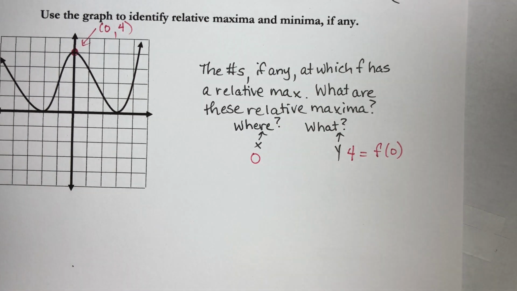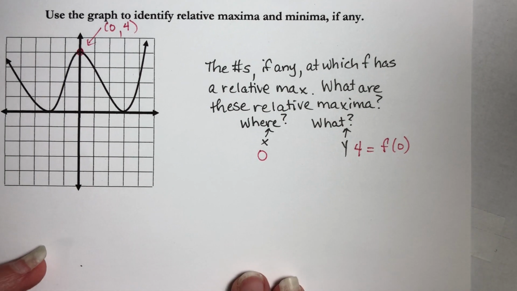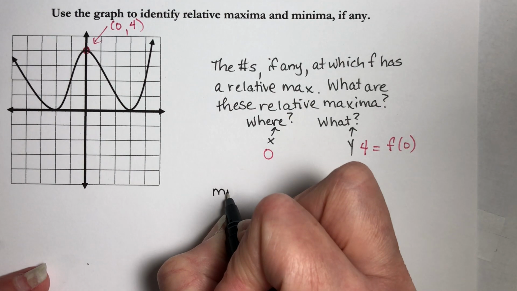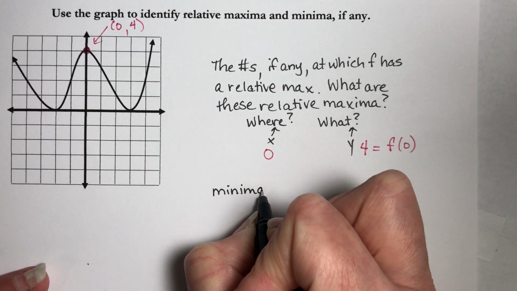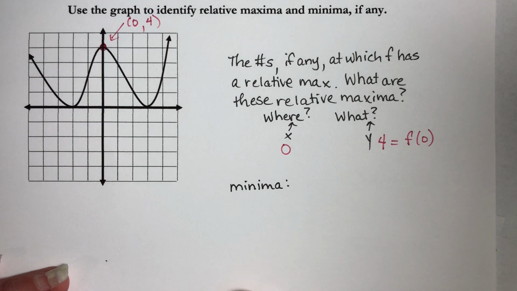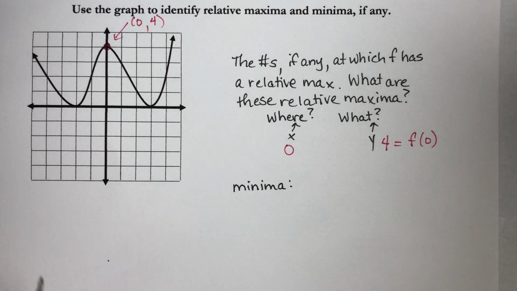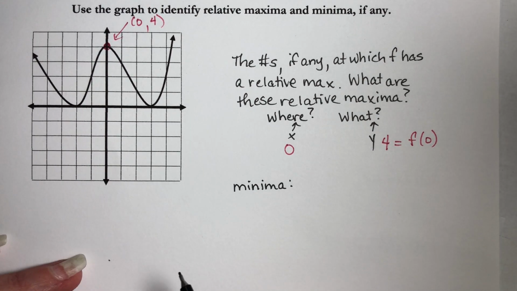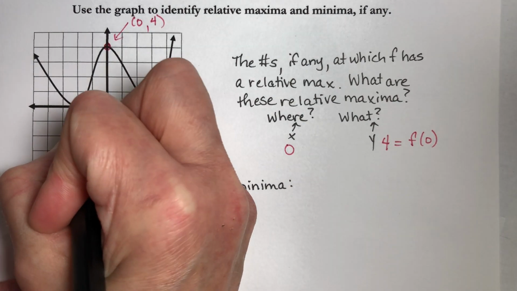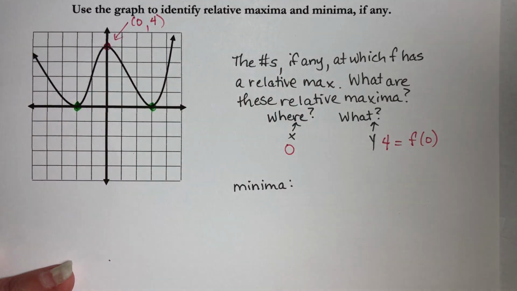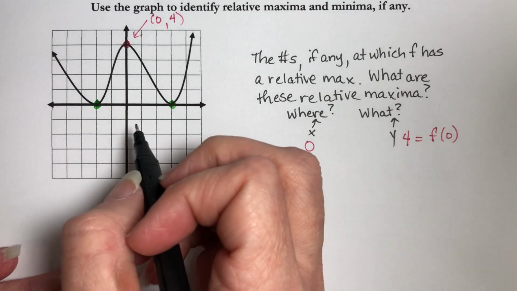Now we're going to do the same thing for relative minima. Here we have 2 points that are smaller than everything else in their general area. It's lower down, and that would be right here and right here. So let's think of what these 2 points are.